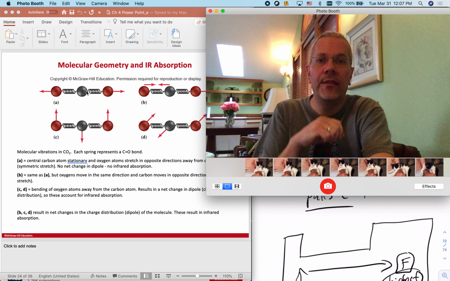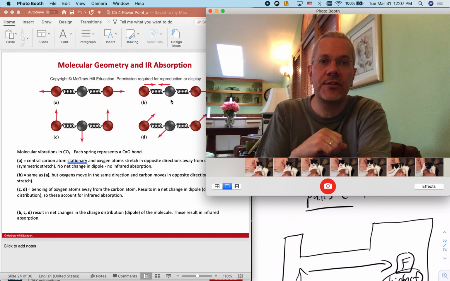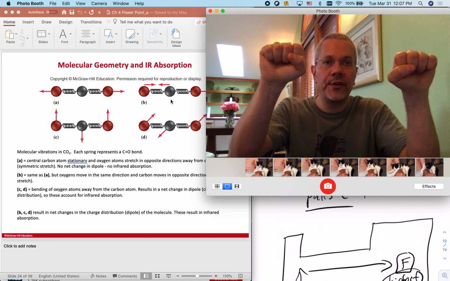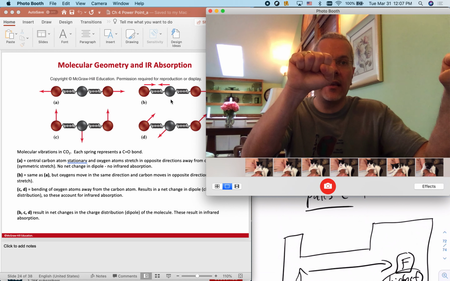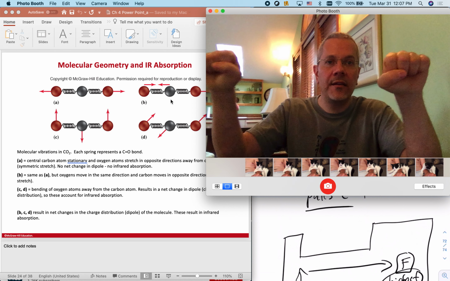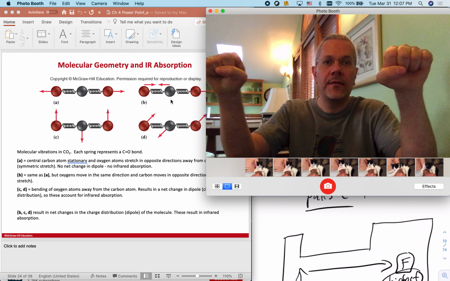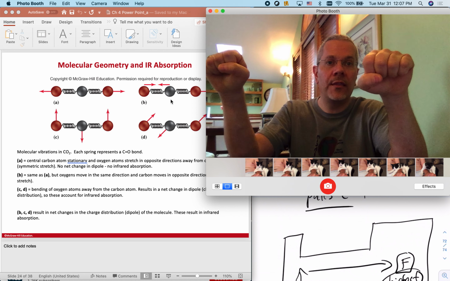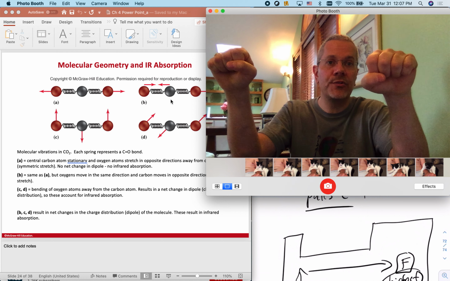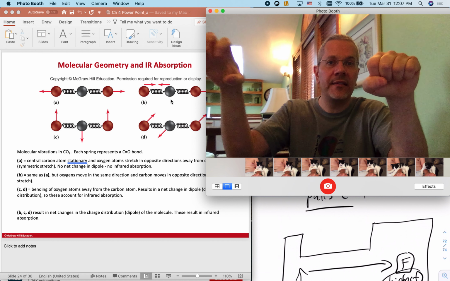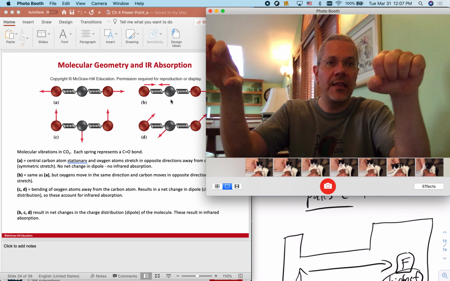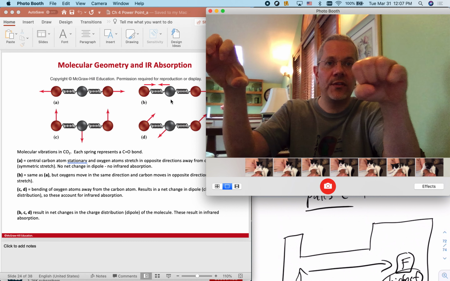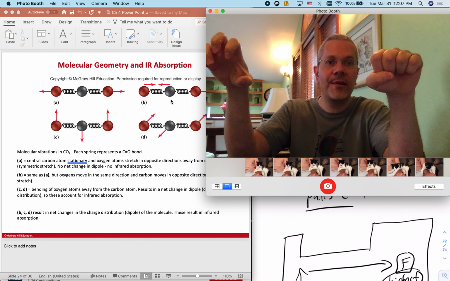But this anti-symmetric stretching, where one is going away as one is going in, sort of like this, is changing the charge distribution of the molecule, right? Because now, if one is away, you've got this negative charge way out here, and this negative is now pretty close to the center, like my head, the carbon atom.